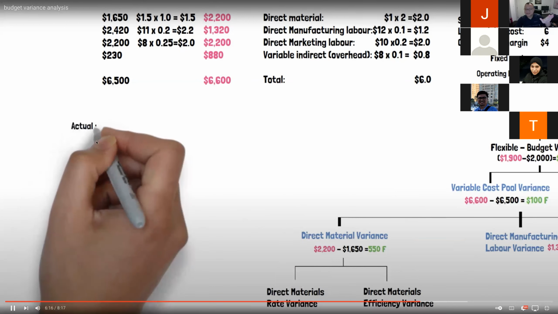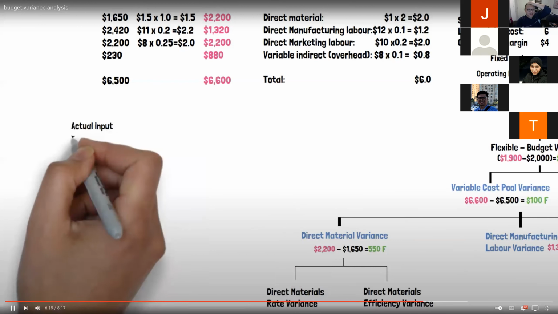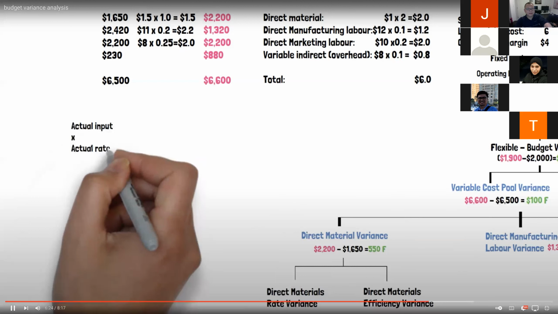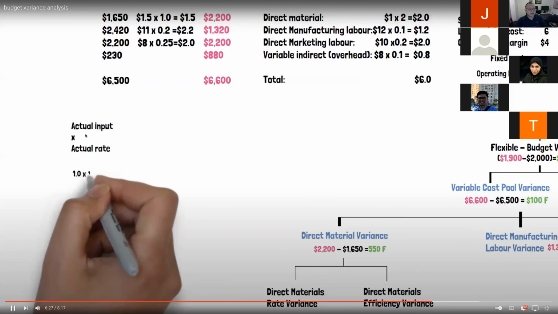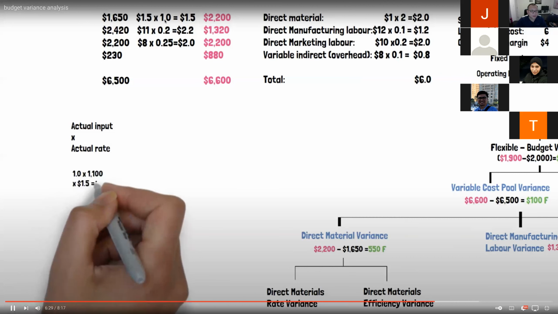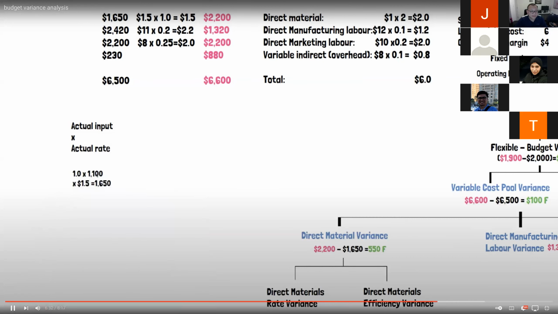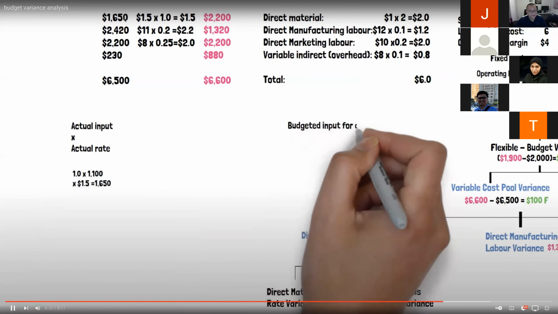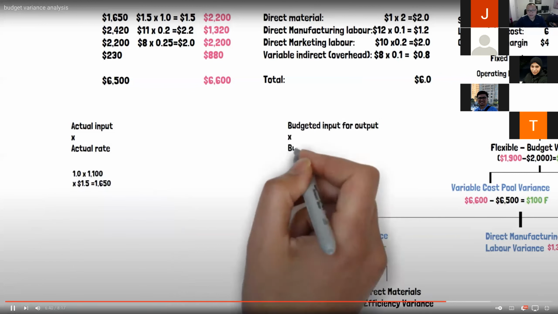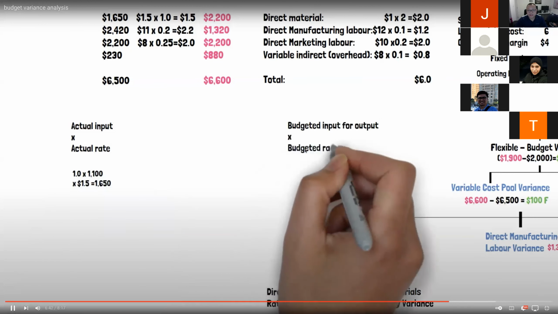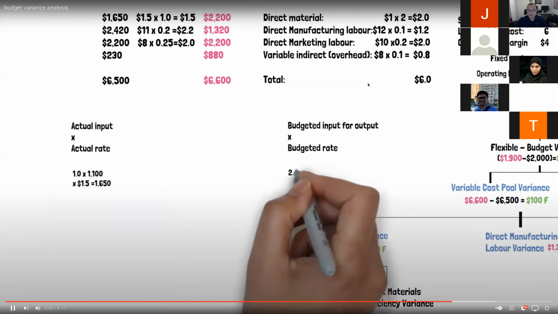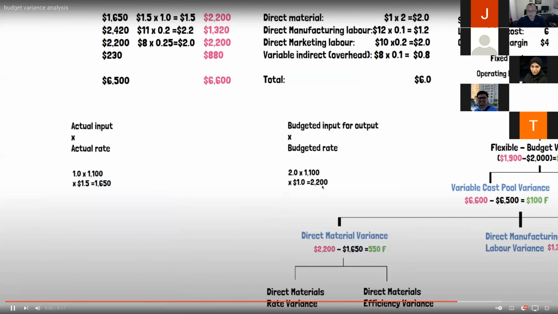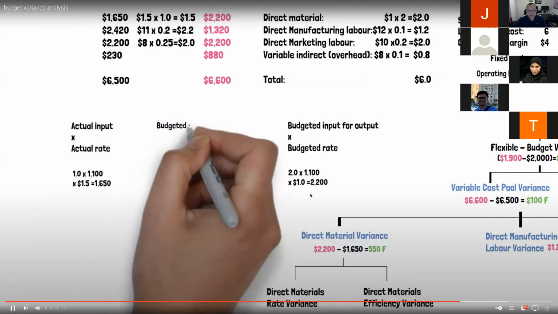So we are going to use this. You have seen this in the 2400. On the left side, I set up using the actual input times actual rate. So the actual input is 1.0 times 1,100 times 1.5. That's my 1,650. And the budget input for the output times the budget rate: we have 2 times 1,100 times 1 equals 2,200.